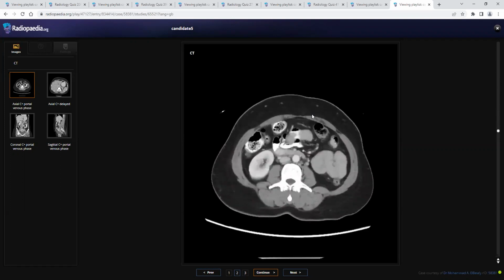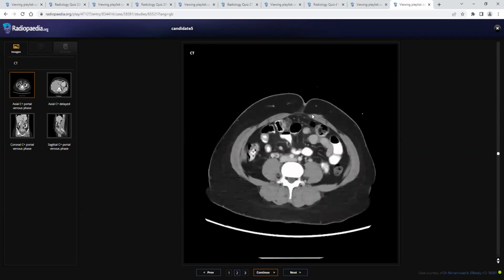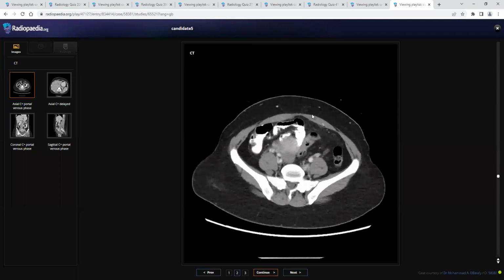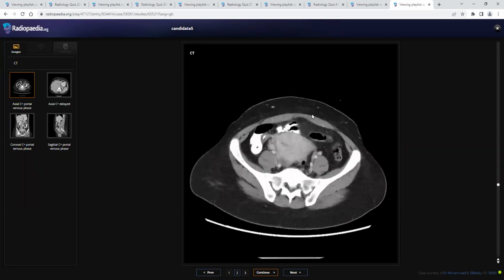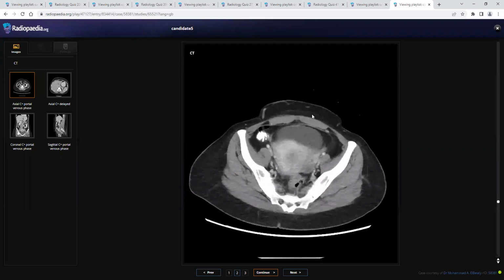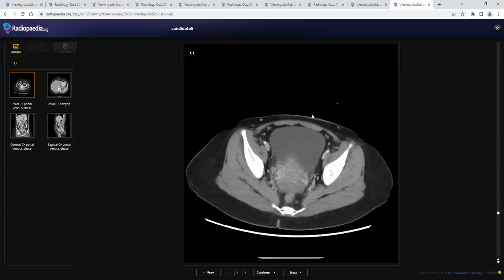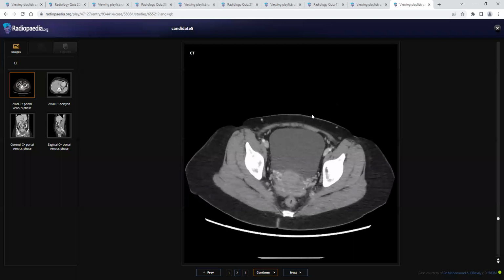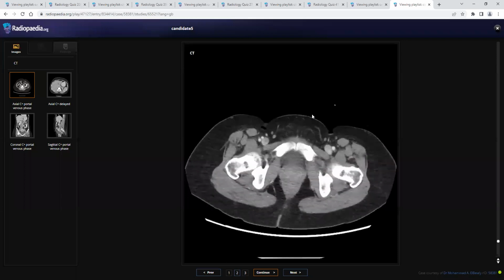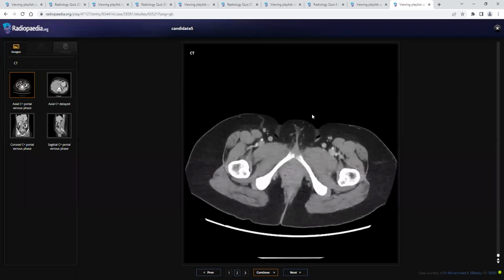So what basically I have found up till now is that there is right iliac vein thrombosis. However, I have been unable to see any definite cause of this right iliac vein thrombosis. However, I will urgently convey my findings to the referring physician that this patient needs anticoagulation for this thrombosis.